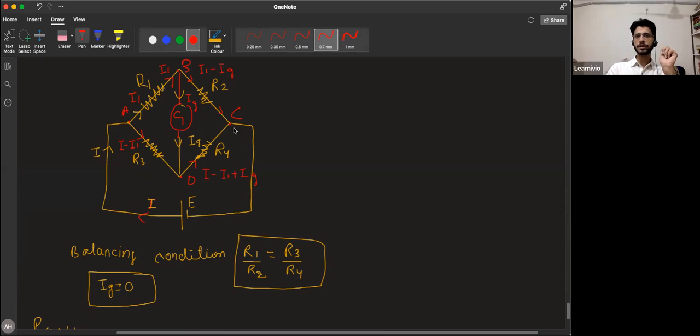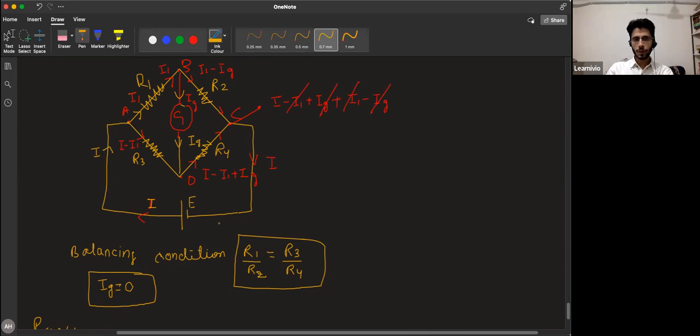And when all current combined at point C, I1 minus Ig is coming from B and I minus I1 plus Ig is coming from D, then you have I minus I1 plus Ig plus I1 minus Ig. Ig cancels out, I1 cancels out, you just have I. So the current I comes out of the cell and the same current is entering the cell. That means our division is fine.